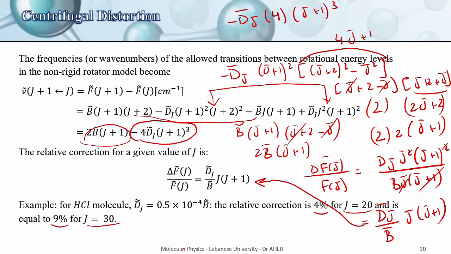For the HCl molecule, D_J is approximately equal to 0.5 times 10 to the power minus 4 B. It's small in comparison with B. And for small values of J, it's negligible. It's never important unless we reach very, very high values of J or high rotational levels.